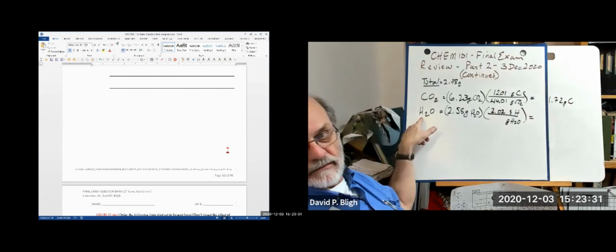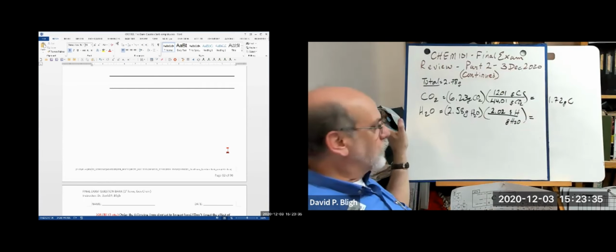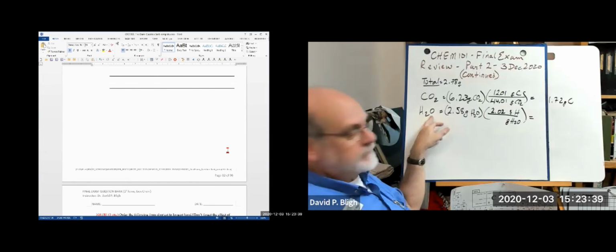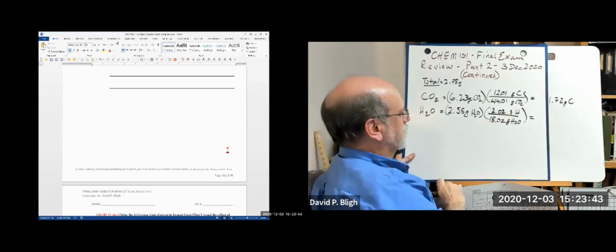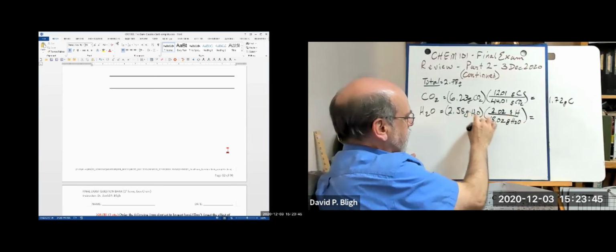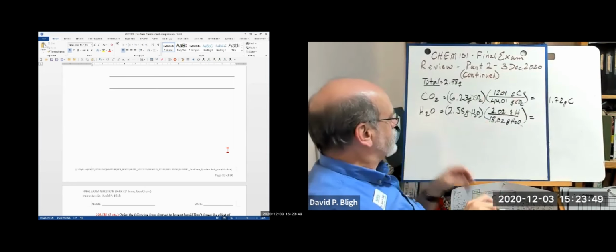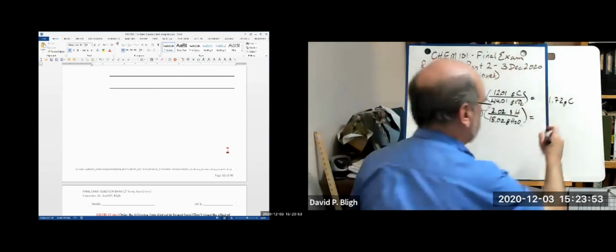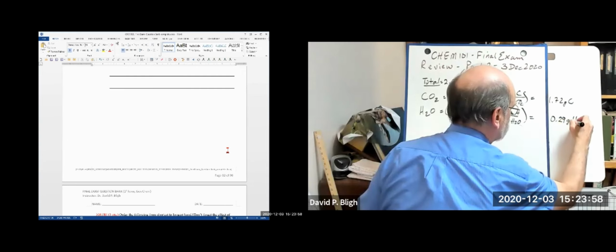Because we got two of them. 1.01 times 2. What's the total? 2.02 plus 16, or 18.02. Times this, cancels that, cancels this, and gives us hydrogen, which is 0.29 grams. 0.29 grams of hydrogen.